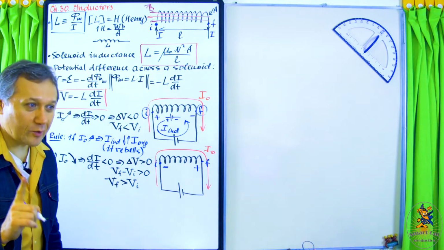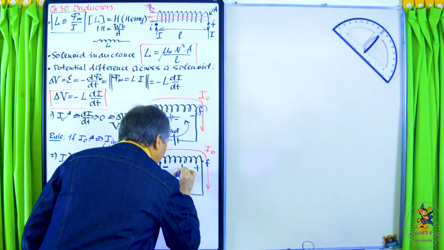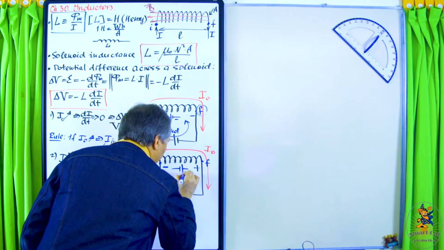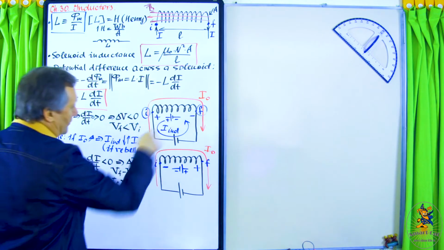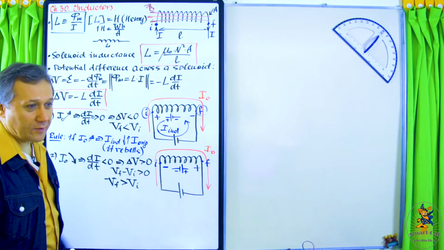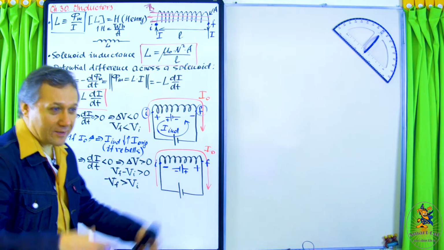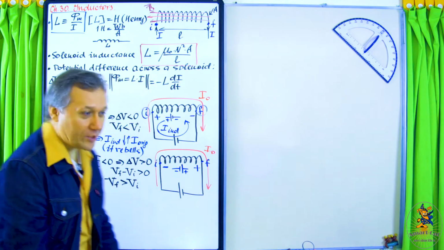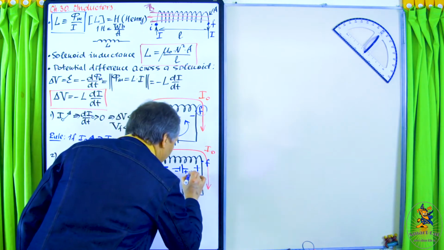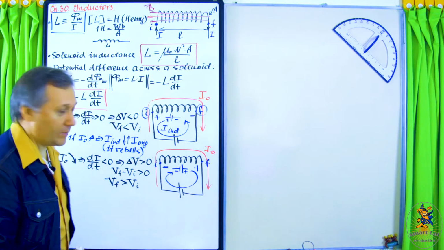So now the solenoid starts working as an effective battery with the opposite polarity. So here plus, here minus, opposite to this. So now plus on that side, minus on this side. And it means that this solenoid, since it creates its own potential difference, starts driving induced current in this direction, from this plus to that minus.